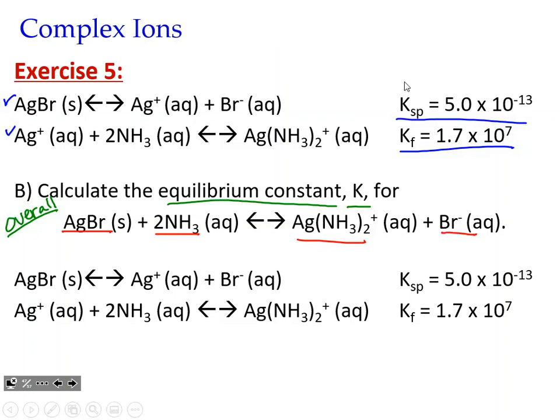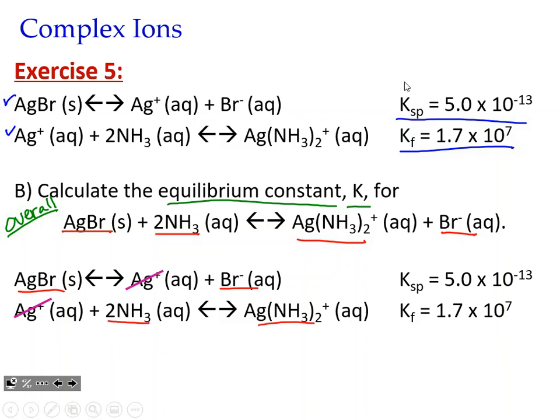Well, look here, nothing needs to be done because all we need to do is cancel our silvers, and luckily they're on either side of the reaction. In the first step, it's in a product, and in the second step, it's in the reactant. So they just cancel out nicely. So we do end up not having to do much here.